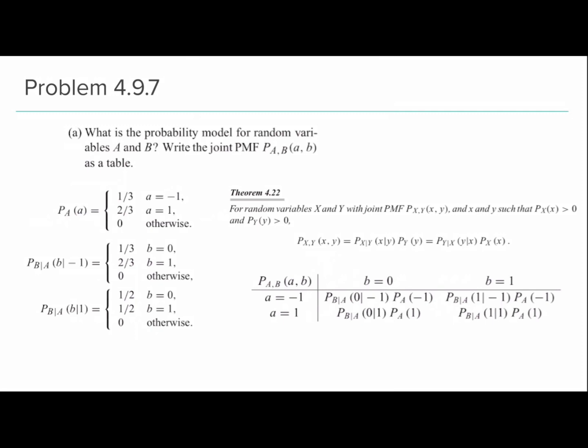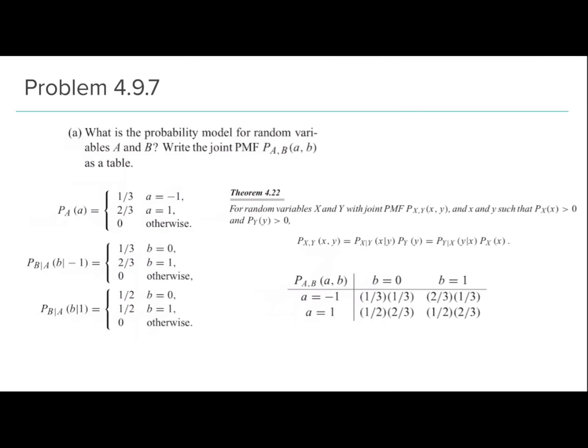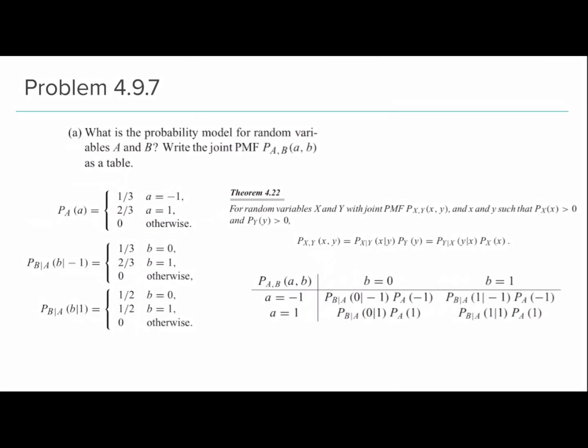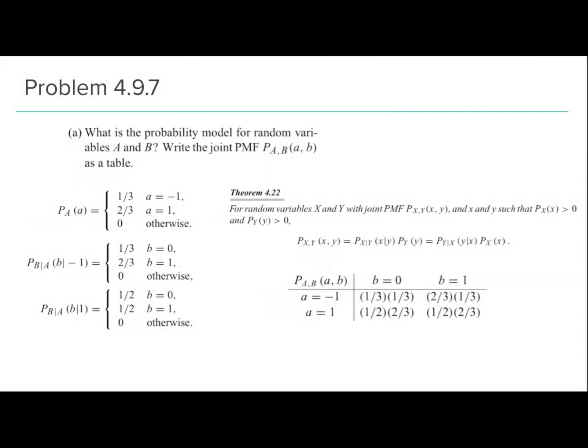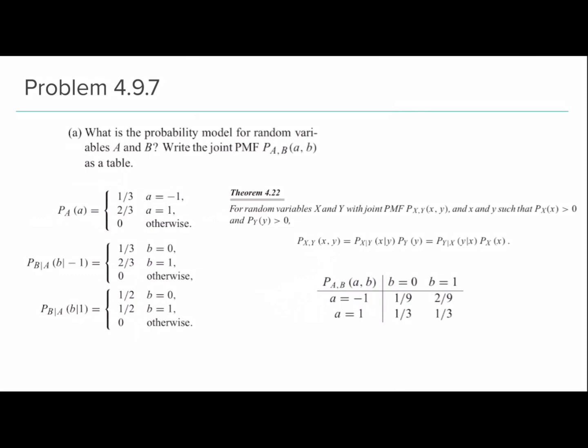So this term is 1 by 2 into 2 by 3, and the final term is P of B given A, B is equal to 1, A is equal to 1, multiplied by P of A is equal to 1, which will again be 1 by 2 into 2 by 3. So here we have obtained the table. The final values will look something like this.